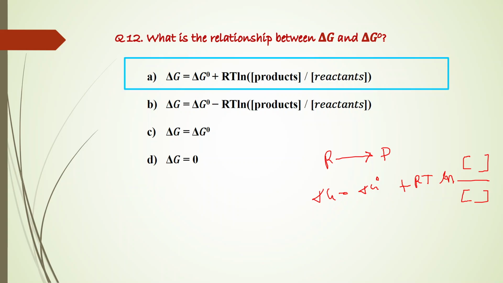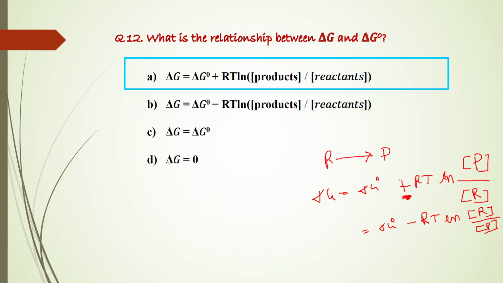Anyway, so what do we write? Delta G is equal to delta G0 plus RT ln product by reactant. You have to be very careful about the sign. If you are writing the equation as delta G0 minus RT, then obviously the equation will be reactant by product.